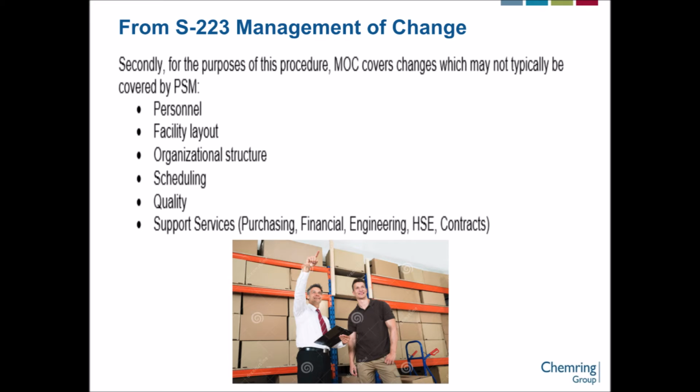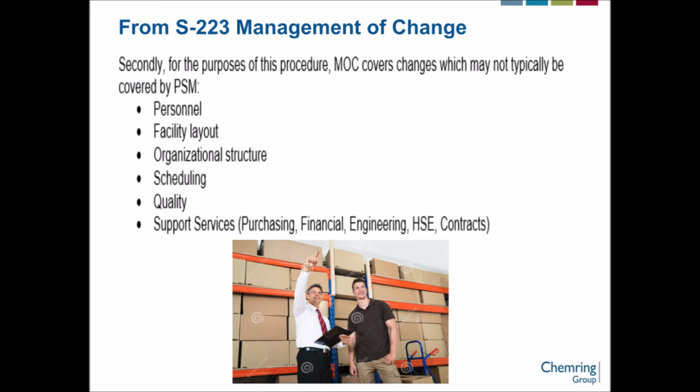Making changes to scheduling, for example, adding production shifts or increasing work hours, both of which impact many aspects of our operations. Modifications to quality practices. Perhaps a client desires an additional step to ensure product quality.